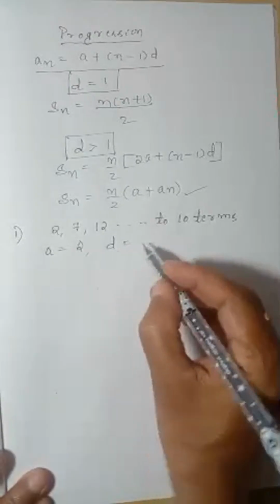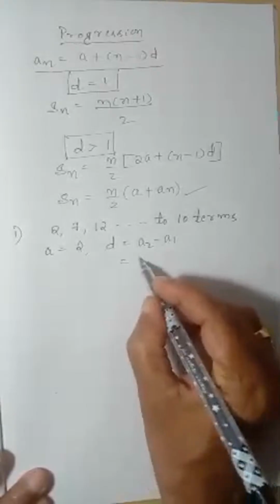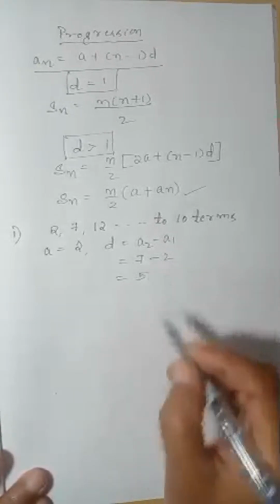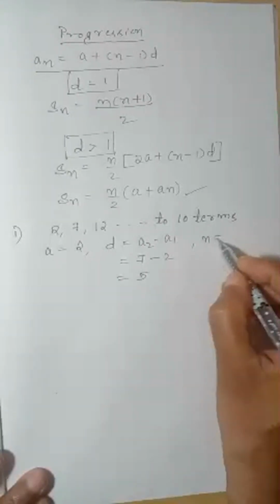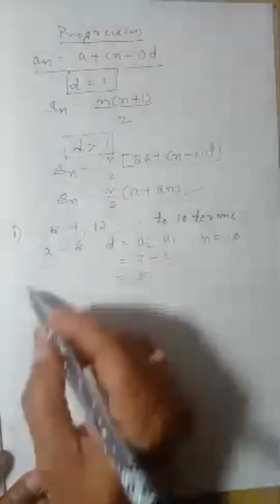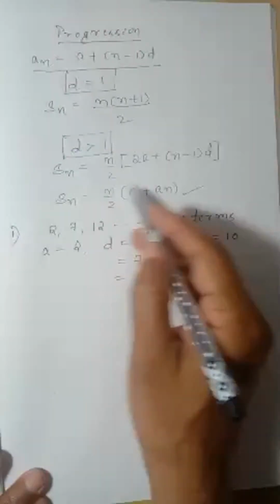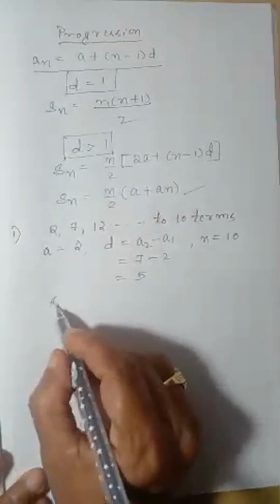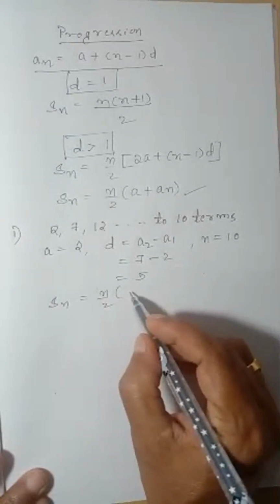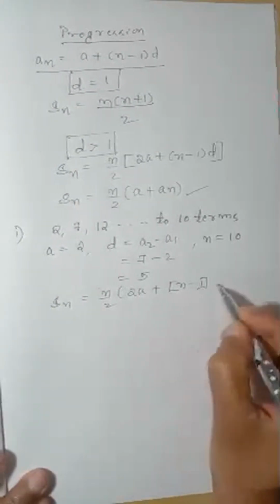Therefore, d is equal to a_2 minus a_1. a_2 means 7, a_1 means 2. Subtract 2 from 7, we get 5. And the number of terms n is how much? That is 10. Using this, you have to use this formula: S_n is n by 2 of 2a plus n minus 1 into d.